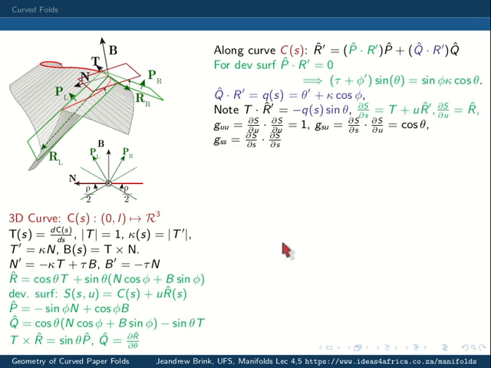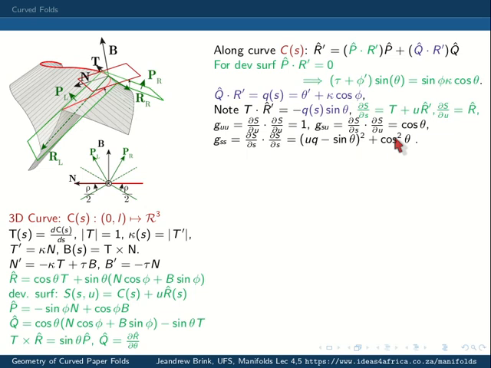Then G_SS is just ds dotted in with itself. So it's simply t dotted in with t, which is 1, plus r prime dotted in with r prime times u squared, plus 2u times t dotted in with r prime. And if you simplify it, you get this expression.